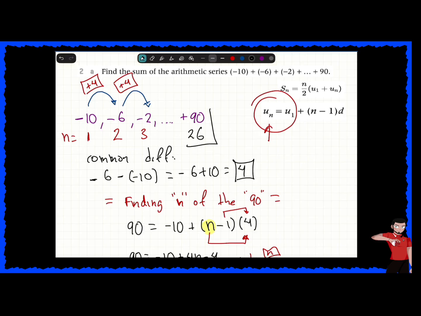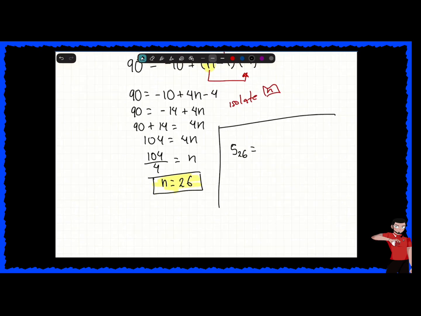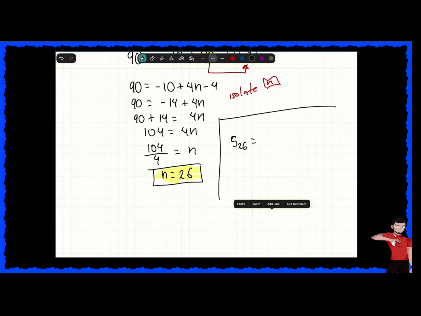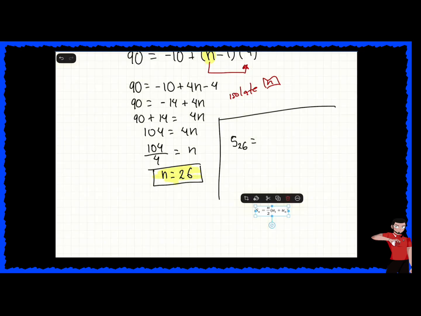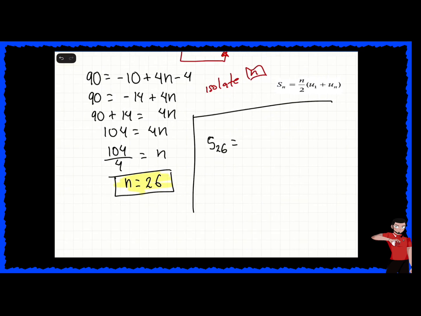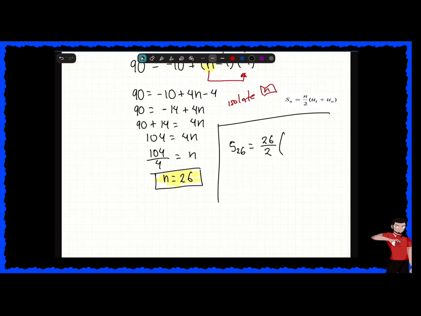Let me copy the formula here. This is our formula here. So if you remember, the sum until the position 26 is going to be the position 26 divided by 2 times the first number of the list plus the last one.